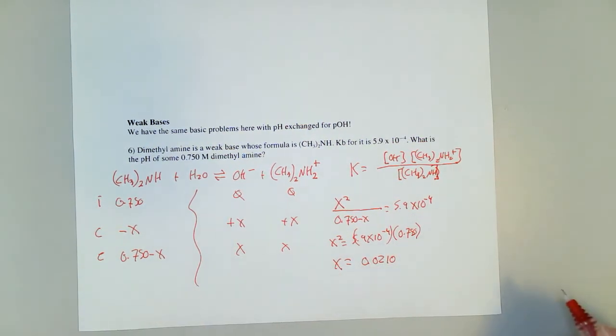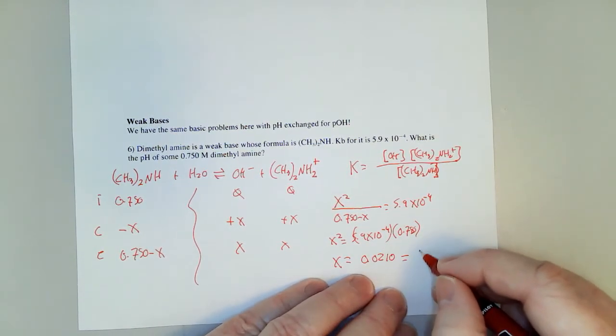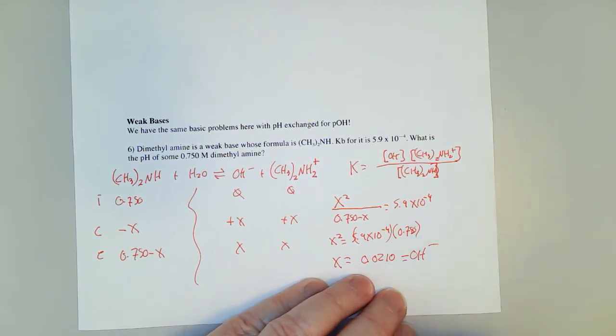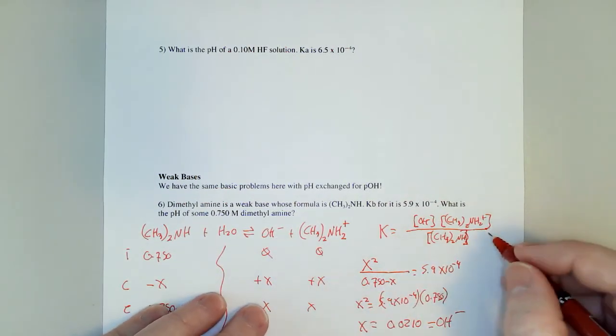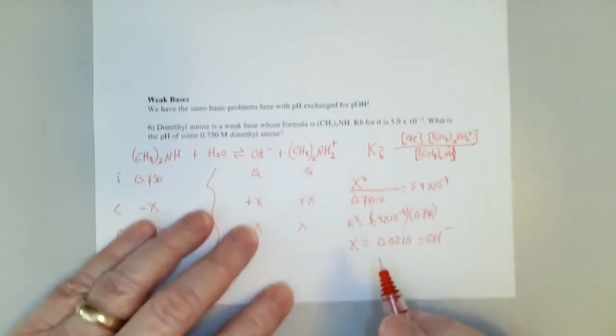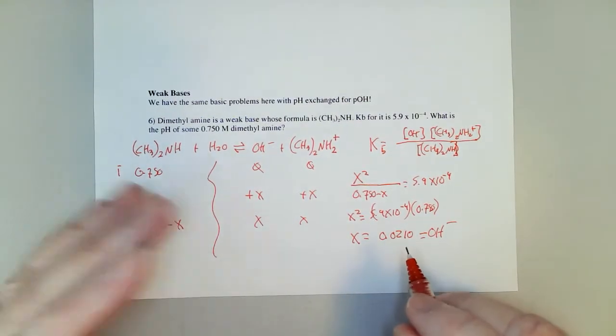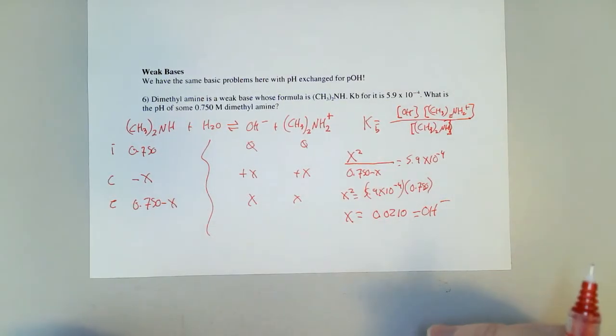Okay, x equals 0.0210. Now here's where it's a little bit different. This is actually the OH minus concentration. You see, this produced an OH minus, which means we needed a Kb. And the Kb is what was given this time. If it wasn't Kb, we could find Kb from Ka. Ka times Kb is Kw.